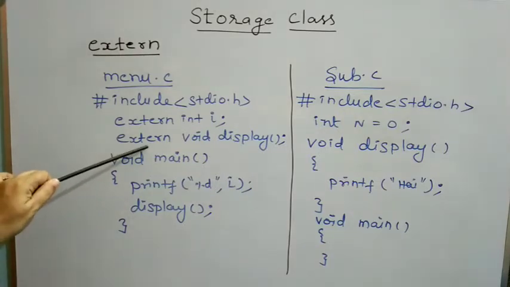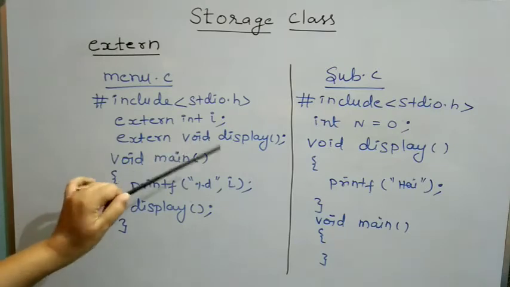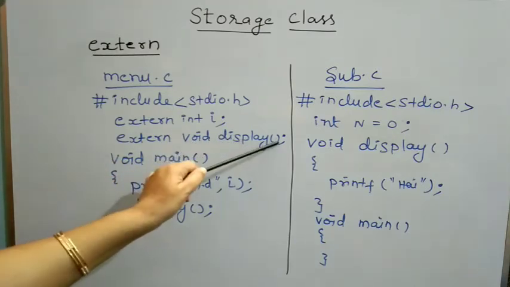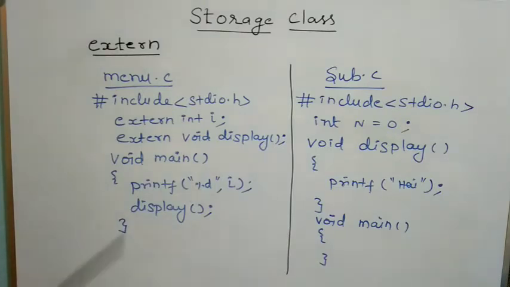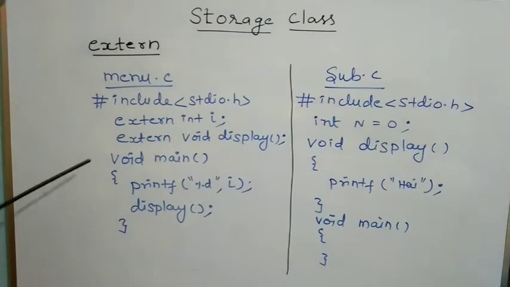When we attach the access specifier extern to a function declaration, I have declared a function display which does not return anything and does not take anything. The definition of the function is included in another programming file. Inside main I have two statements.